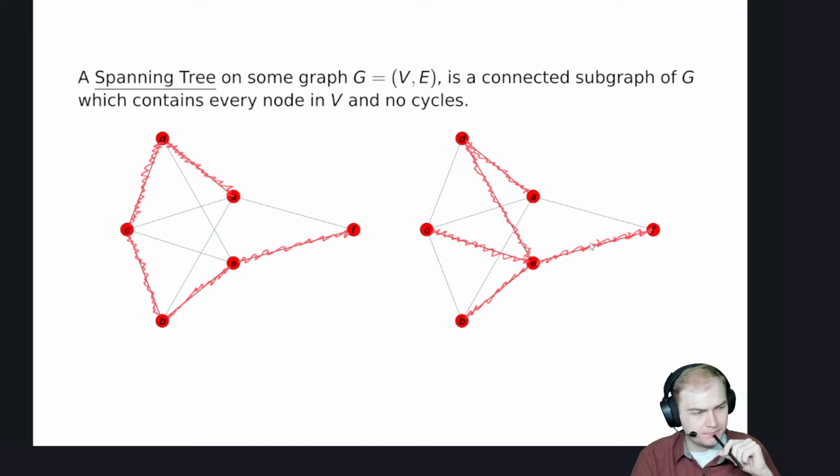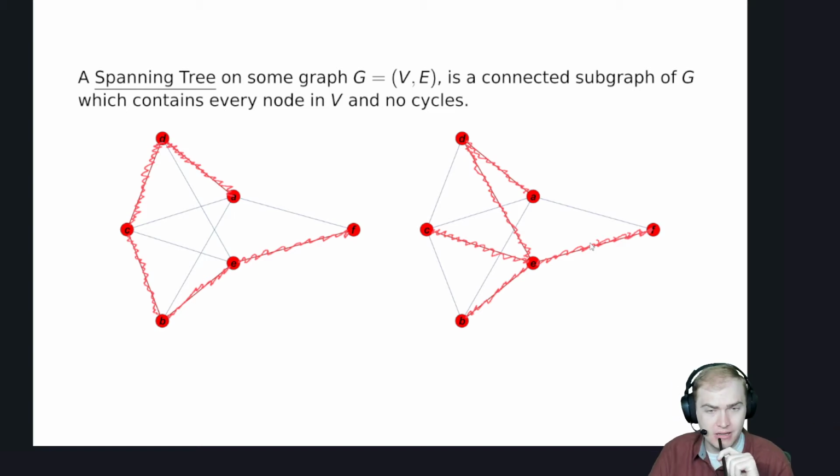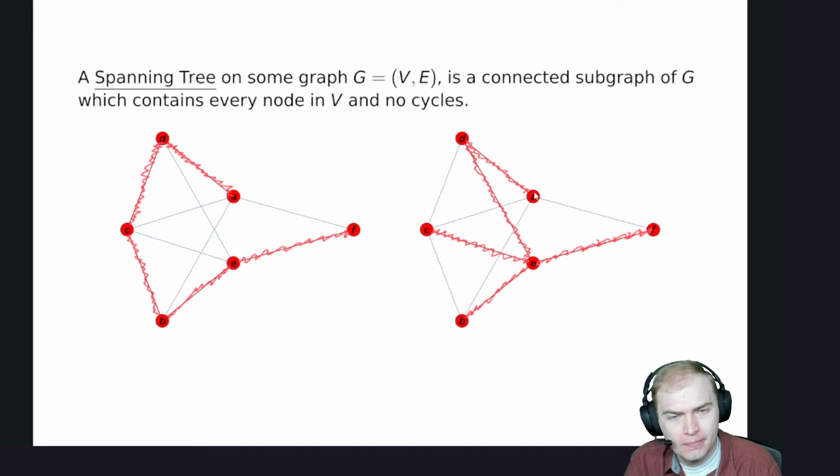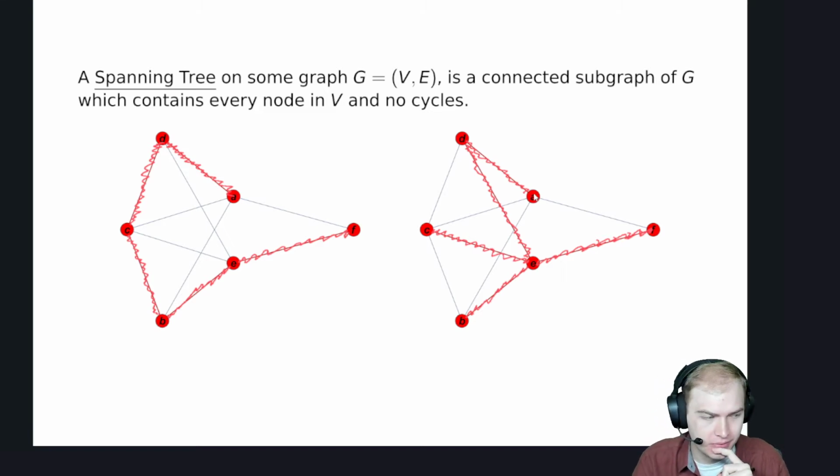There are just edges coming off of the root node, maybe E. And there is a path from every node to every other node, but there's only one path from every node to every other node.